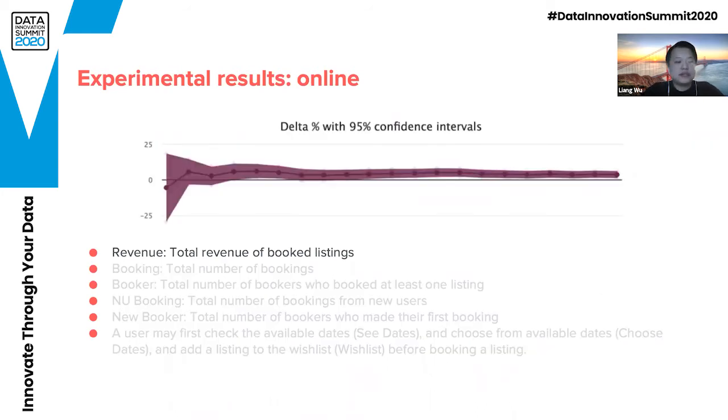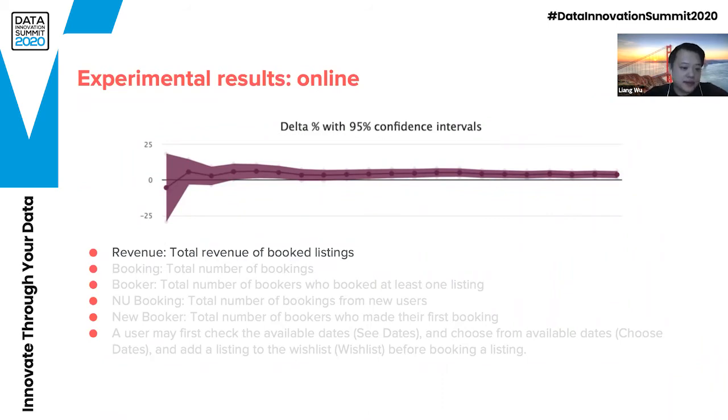So in order to dig deeper into the results, we also show how the confidence interval changes over time. In this graph, this figure is based on the revenue, the total revenue of booked listings. And the y-axis is the delta of the treatment group compared with the control group.